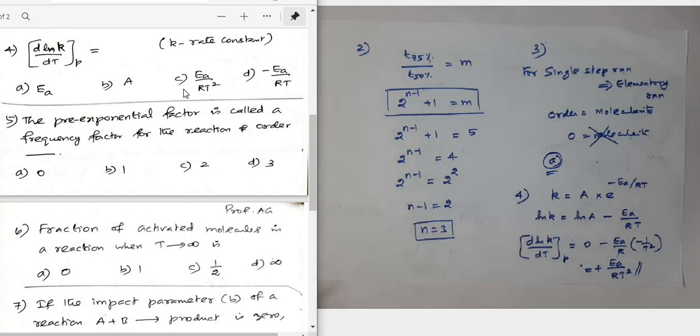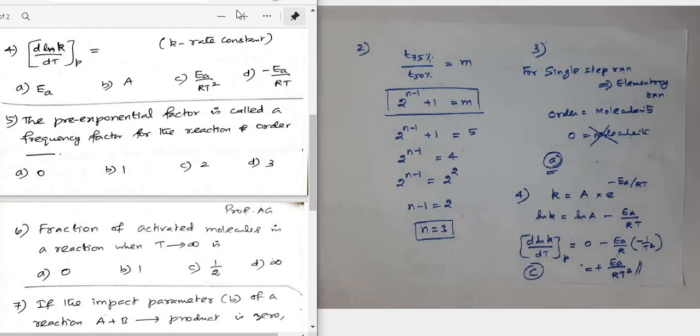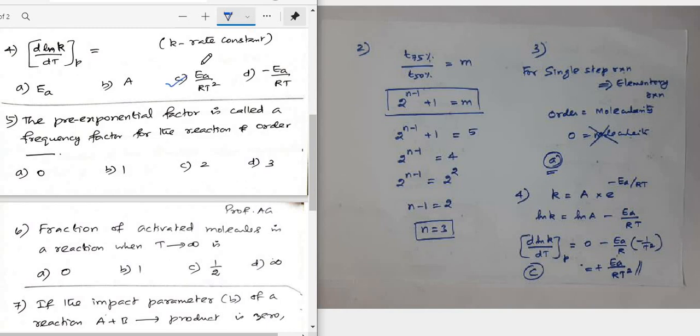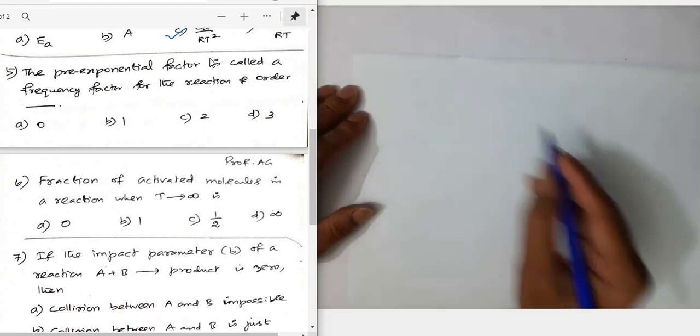Okay, so the correct option for this question is option C. Right, yeah. Now let me go to the next question, question number 5. The pre-exponential factor is called a frequency factor for the reaction of order. Yeah, you know very well.